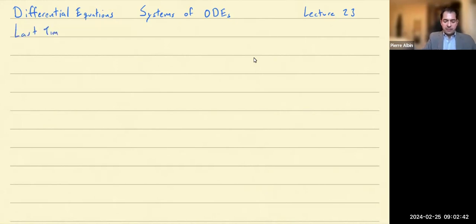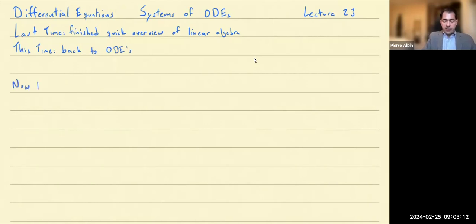Last time, we finished our quick overview of linear algebra. This time, we're getting back to ordinary differential equations.